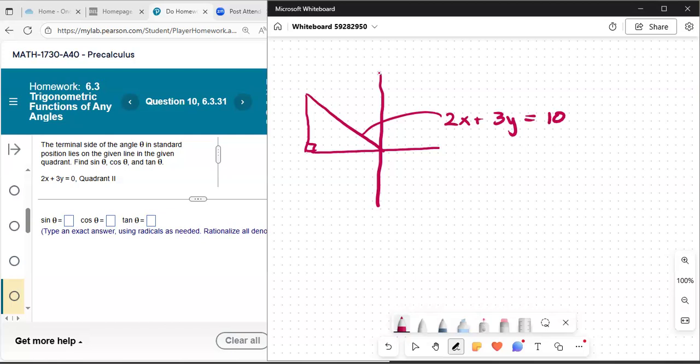What we need is to find a point on the line. So what you could do is to make it even integers. So 2x plus 3y equals 0. We can make x a multiple of 3, y a multiple of 2.